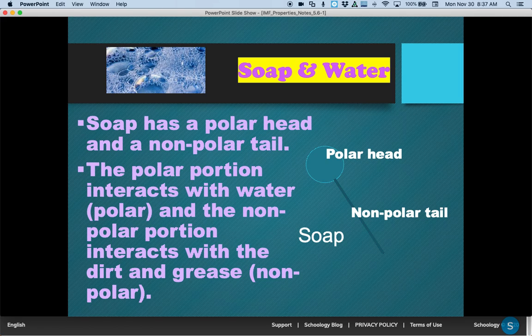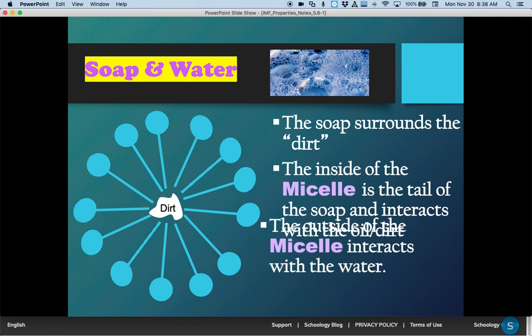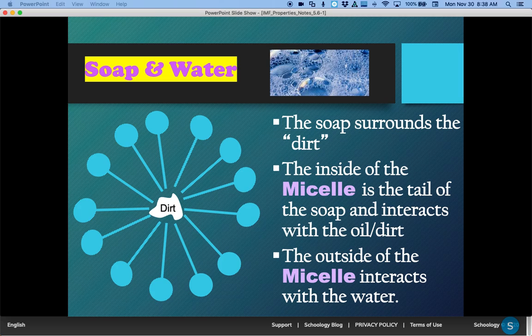which is non-polar. And so what happens when you are washing your hands, which of course we should all be doing quite often these days, is that the soap can actually surround the dirt, the non-polar part. And this is called a micelle.